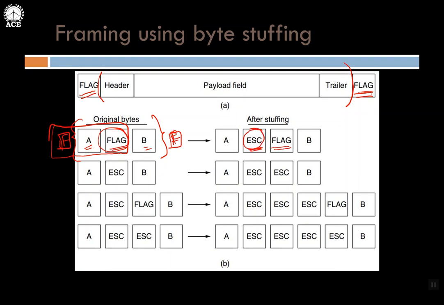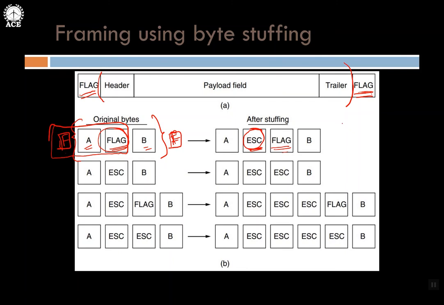Again I repeat, if the flag becomes part of the data, to distinguish that it is not the starting and ending delimiter, we stuff a special byte called escape character. The flag value preceded by escape is not the trailer but part of the data. Escape followed by flag: the escape will be removed, destuffed at the receiver, and we continue.